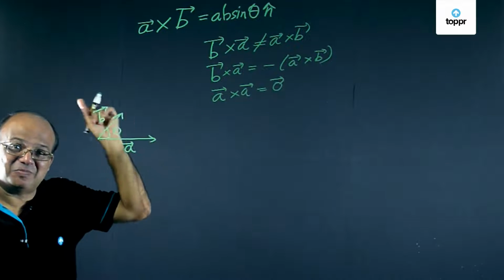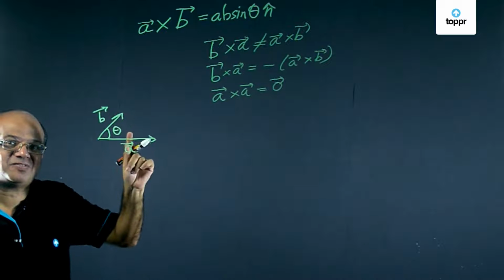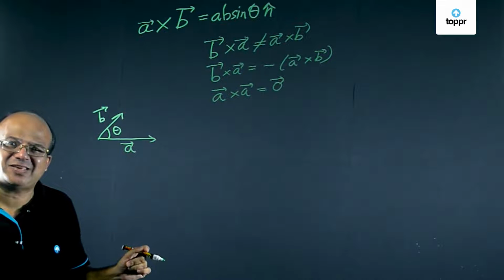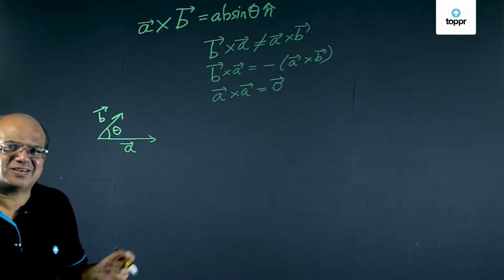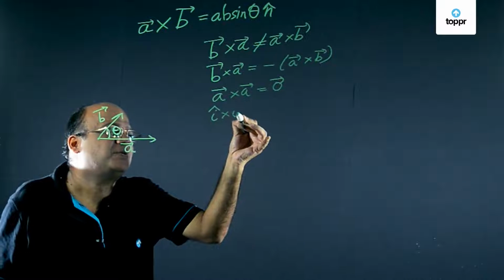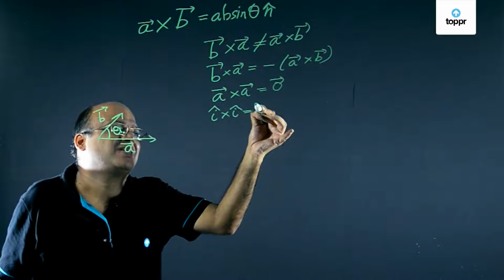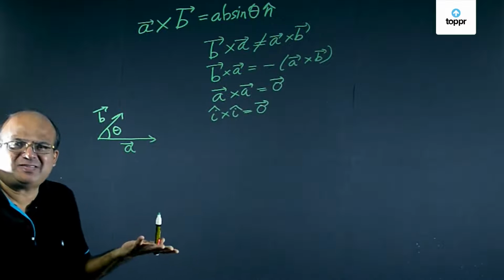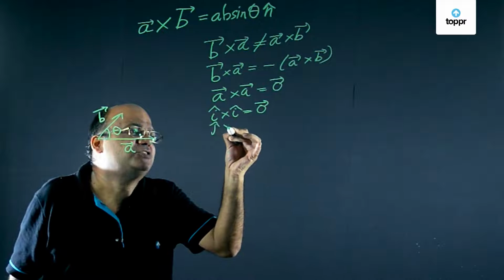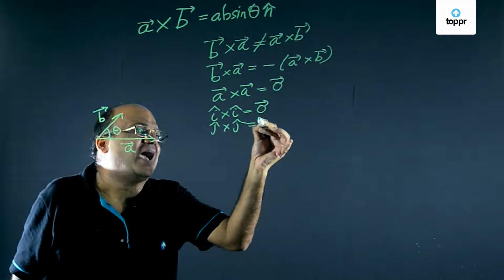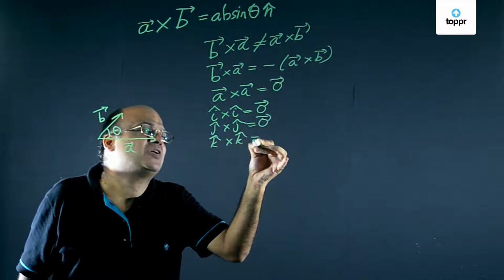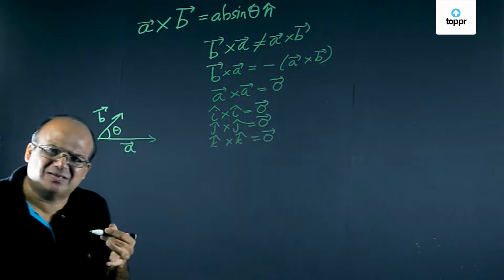If you remember, dot product of perpendicular vectors was 0; cross product of parallel or anti-parallel vectors is null vector. Therefore, i cap cross i cap will be null vector. Angle between i cap and i cap is 0 degrees. And that is true for j cap cross j cap and k cap cross k cap. All these are equal to null vectors.